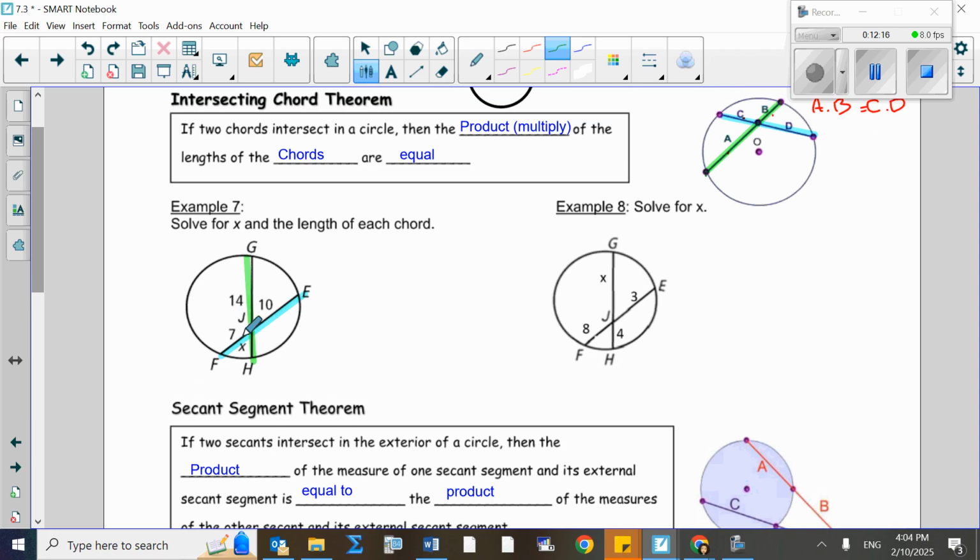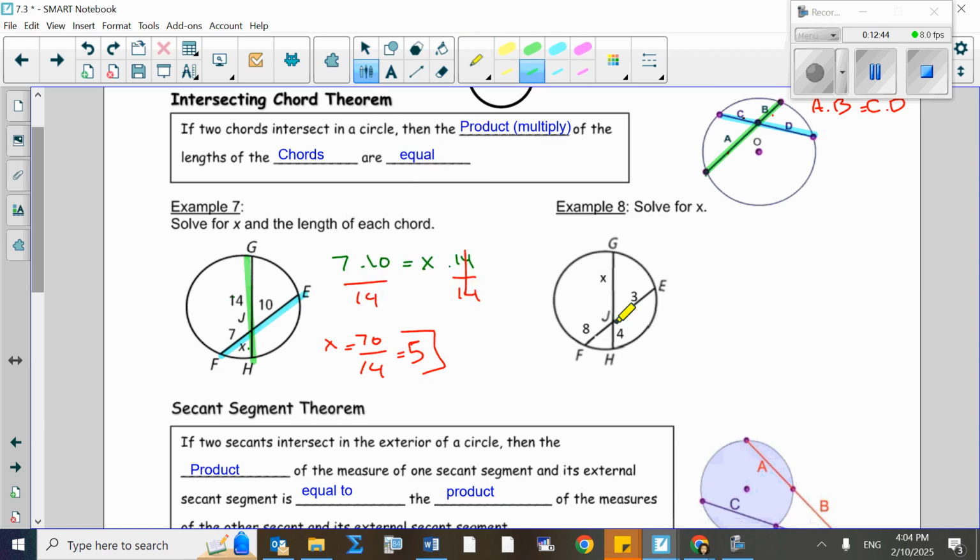So I'm going to write 7 times 10, similar to cross multiply, is equal to X times 14. Now, in order to solve, you're going to divide both sides by 14. These two cancel, and X will be 70 divided by 14, which is 5.